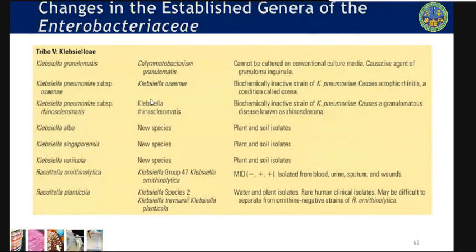Now here you also have their tribe Klebsiella. You have Klebsiella pneumoniae subspecies rhinoscleromatis, etc. What else? These are the more important things I guess you need to note only: the biochemical reaction of each common microorganism under the family Enterobacteriaceae.